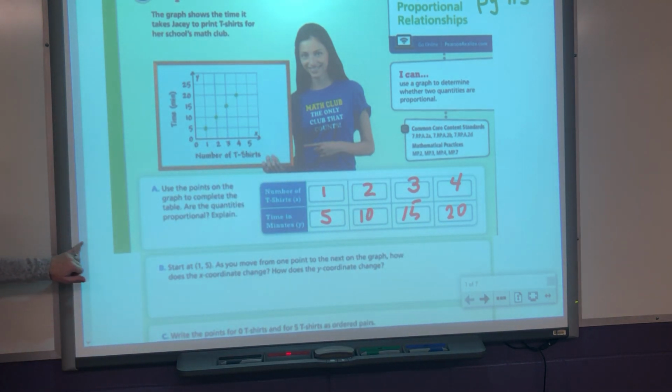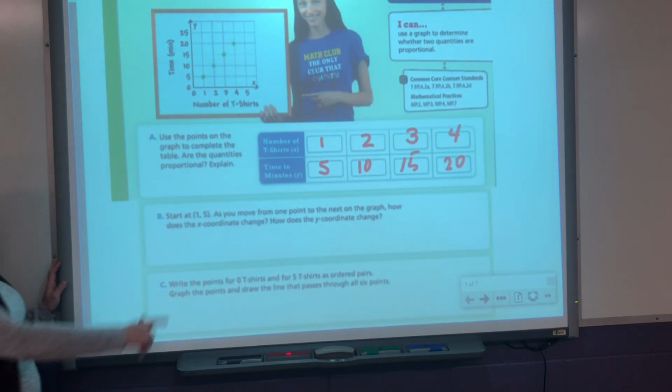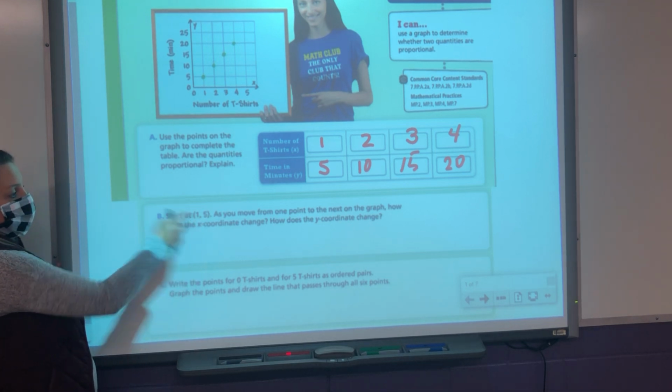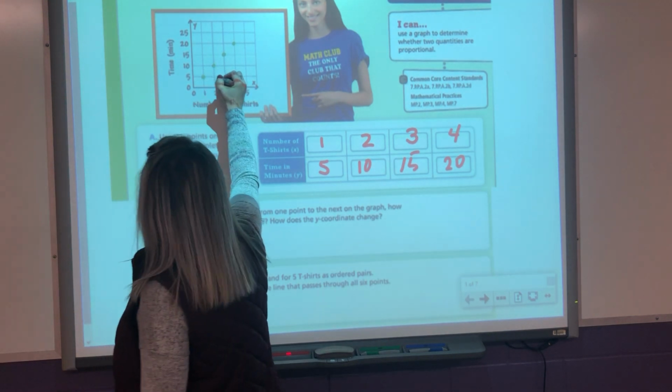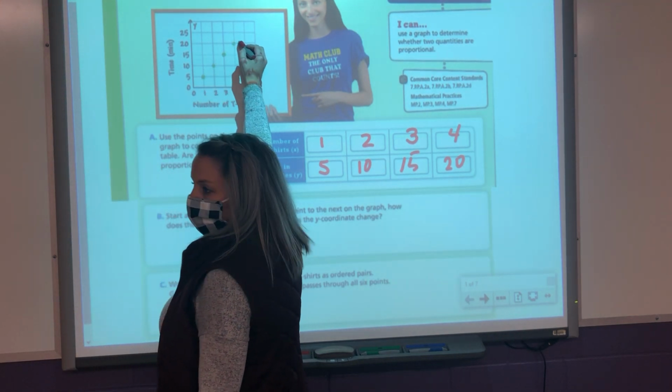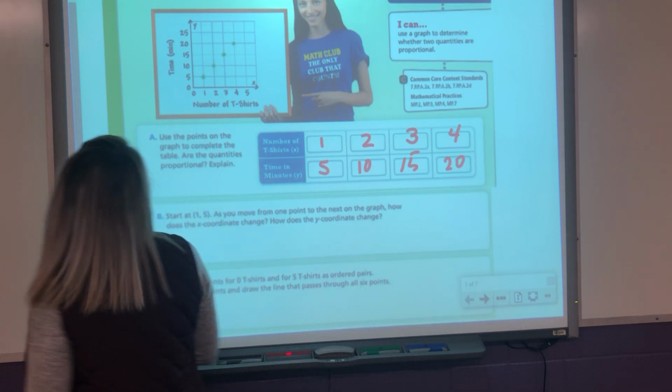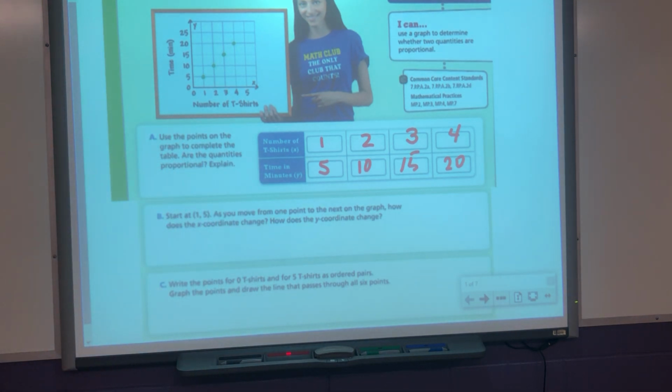So, moving from our first point, which is 1, 5, as you move from one point to the next on the graph, how does the x-coordinate change? And how does the y-coordinate change? When I move from here to here, what's happening every time? We're going up.